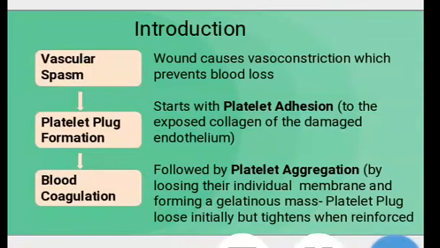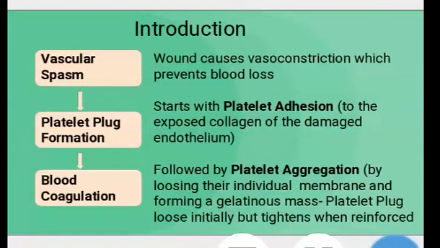When injury occurs in a blood vessel, there is a vascular spasm, in which vasoconstriction is done just after the injury happens, before the hemostatic mechanism starts.